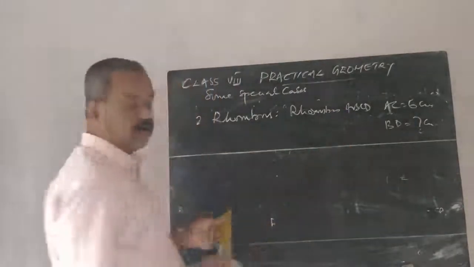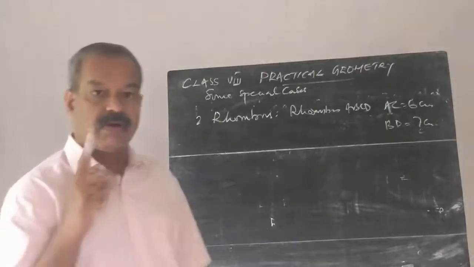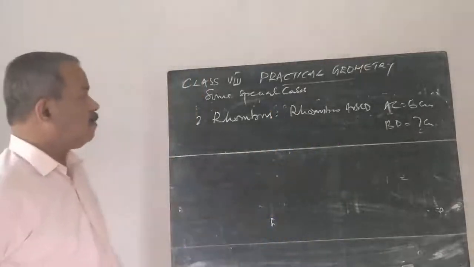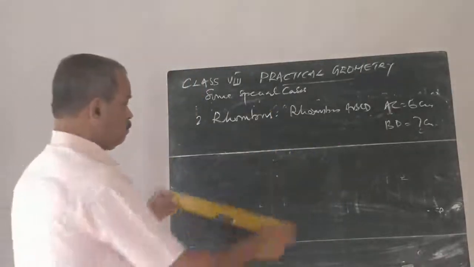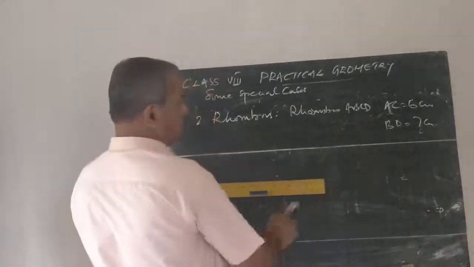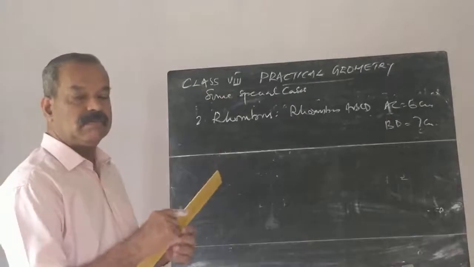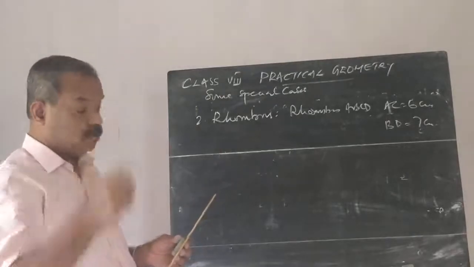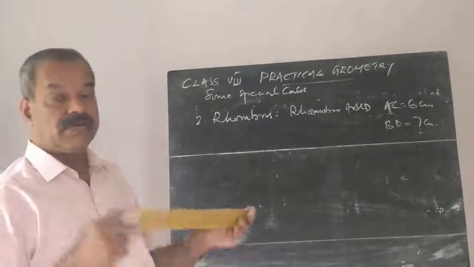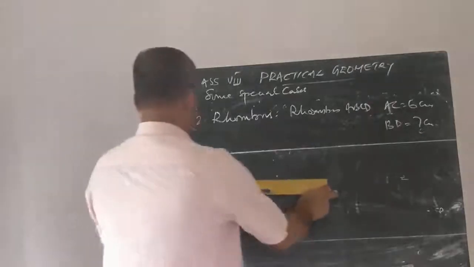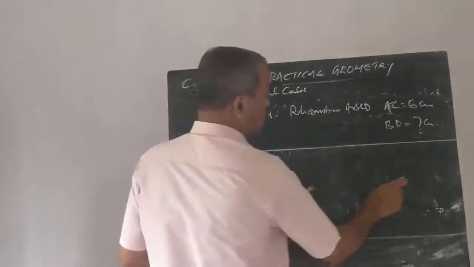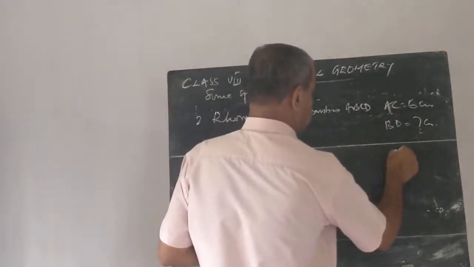So two measures are required. To construct a square we require only one measure. For a rhombus two measures are required. If the diagonals are given, or if one side and one angle are given, only then can we construct a rhombus. So first draw a figure.